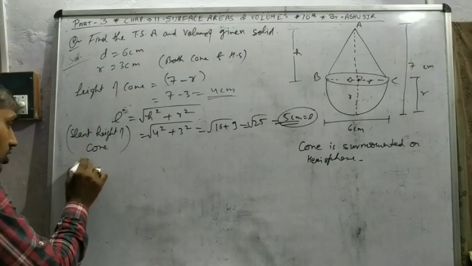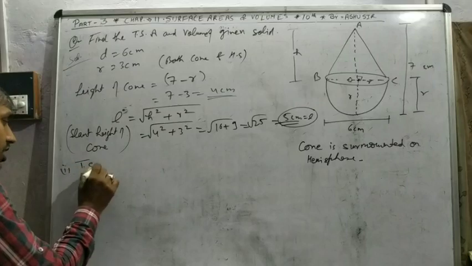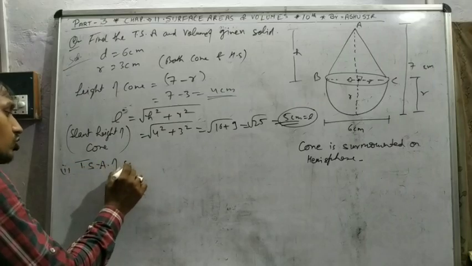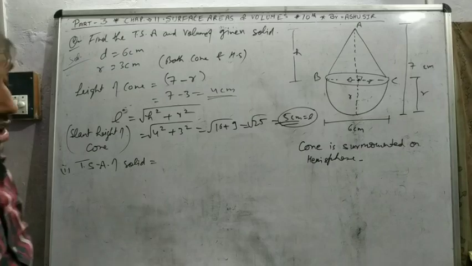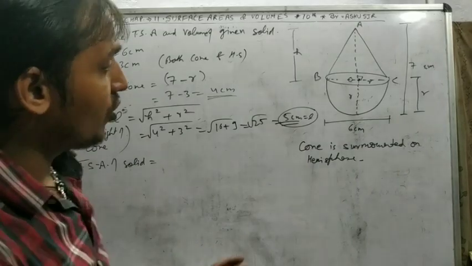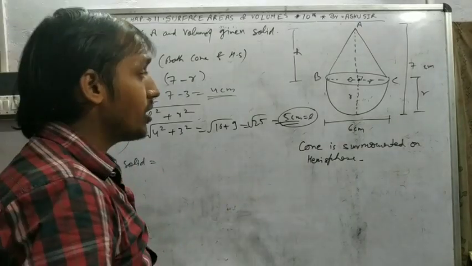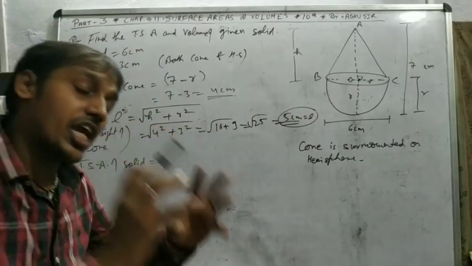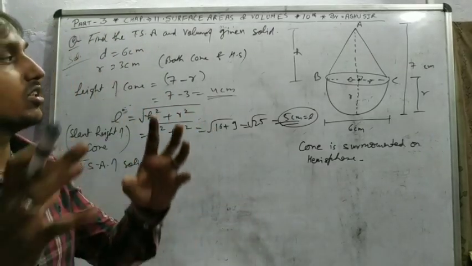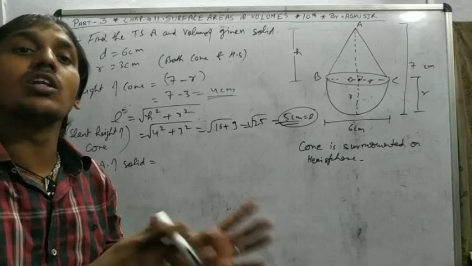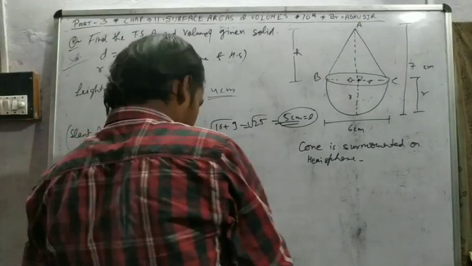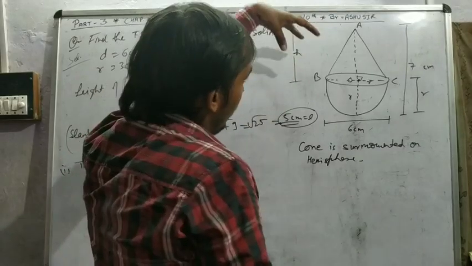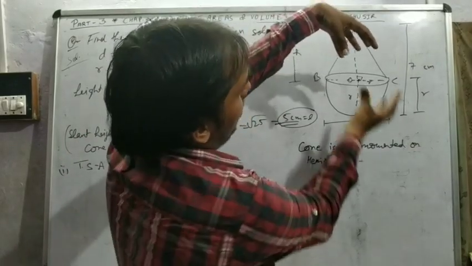So first, total surface area of solid. So what is surface area here? That's the main topic. If you want the total surface area, it means only the sum of the surface areas of all faces. If you see the cone, there is this cone and this hemisphere.